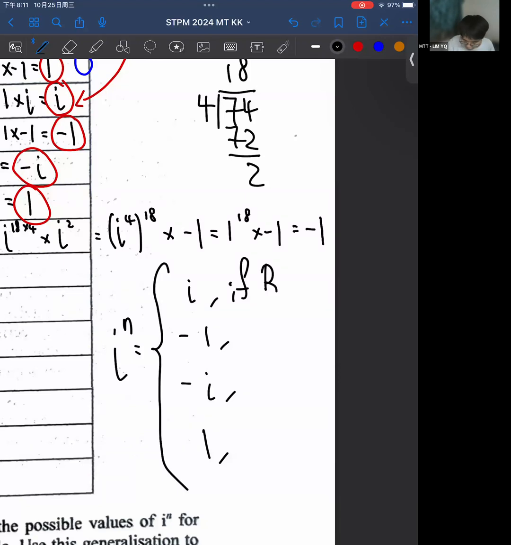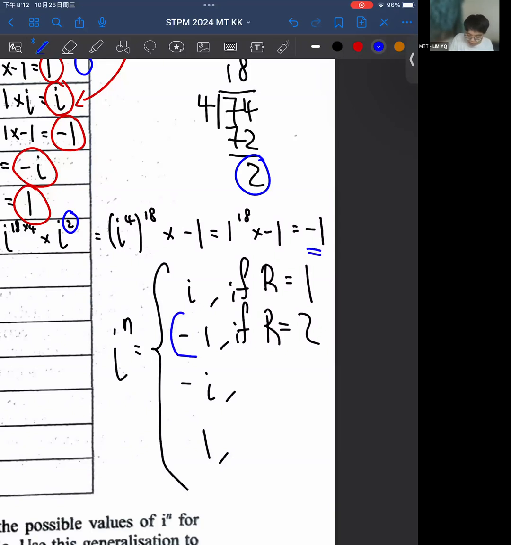If R equal to 1, then you will do a similar proof, i to the power 4, and so on, will become 1 finally. Multiply by i, we get back i. If the remainder is 2, we get -1, like just now. Just now was remainder 2, so we factor out i squared, finally we get -1.